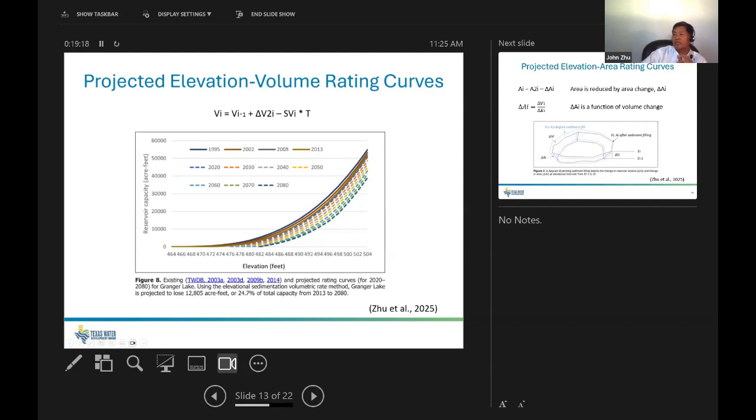The planning period was 2020, but that was the last planning cycle. For the current planning cycle it is 2030, 2040, 50, 60, 70, and 80. So the reservoir becomes smaller, but this is the rating curve we made by this method. We call it the projected elevational volume rating curve.